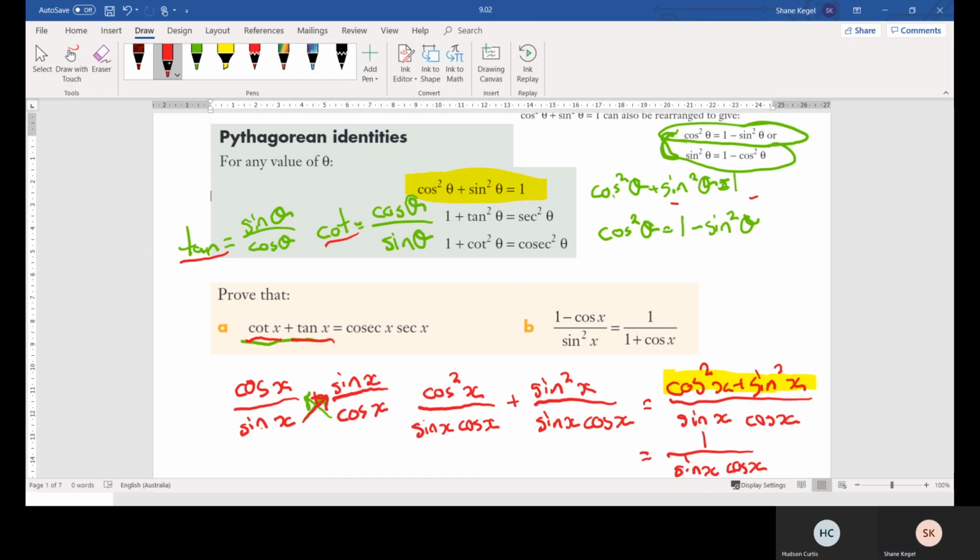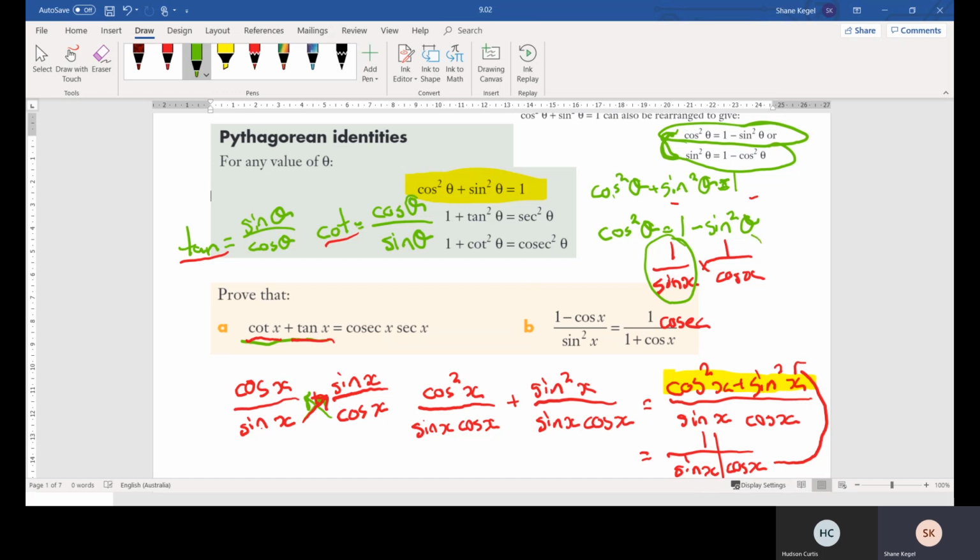So let's continue that up here. I would get 1 on sine x multiplied by 1 on cos x. I've just taken these fractions and split them down the middle. And from this point, I know that 1 over sine x is the inverse sine, which is cosec.